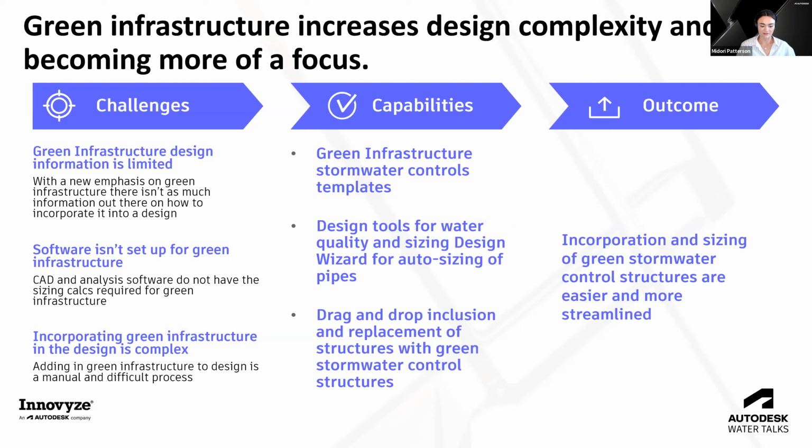And of course, if you have an Excel spreadsheet that's calculating the storage capacity of each separate green infrastructure, that's going to get pretty complicated in a traditional stormwater approach.